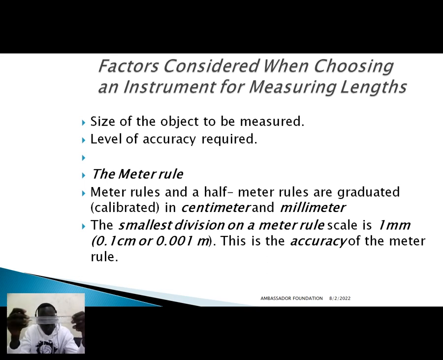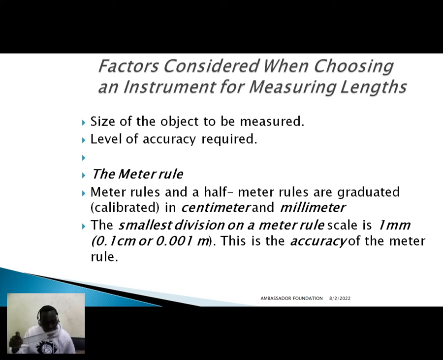A half meter rule is simply half a meter, which is 50 centimeters. The other one is simply 100 centimeters. And it can measure both in centimeters and in millimeters. If it is in millimeters, it measures up to 1 millimeter. That is, you cannot get 1.5 millimeters using a meter rule.